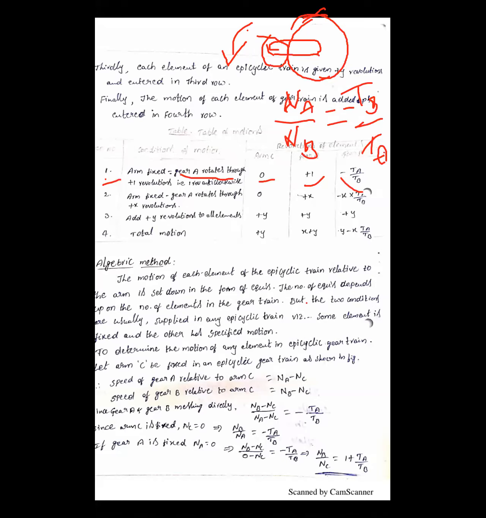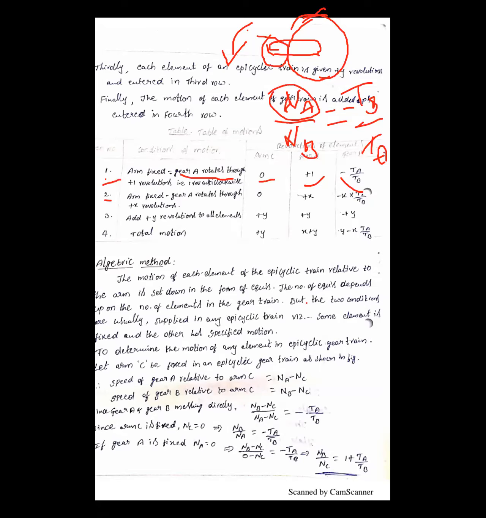So the speed here will be minus TA by TB. Is it clear? Regarding the particular formula, NB equals minus TA by TB. Is it clear? Now going to take the second condition.